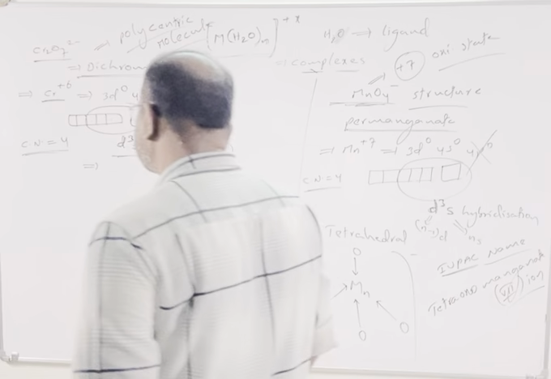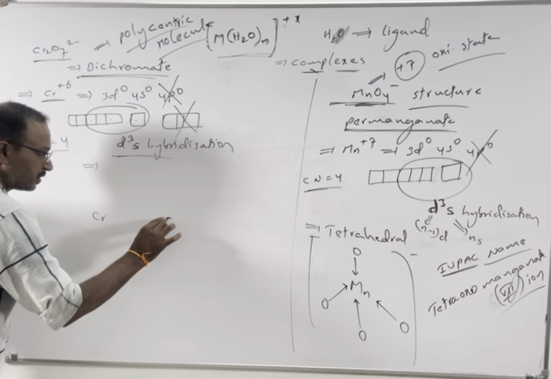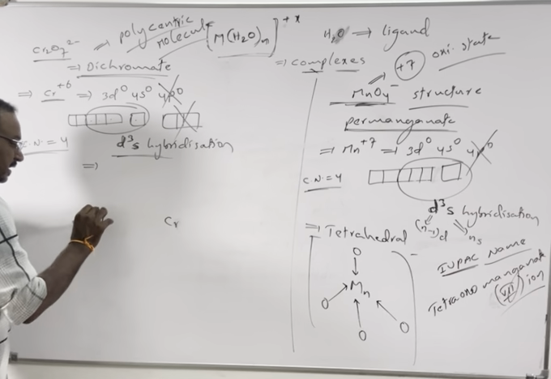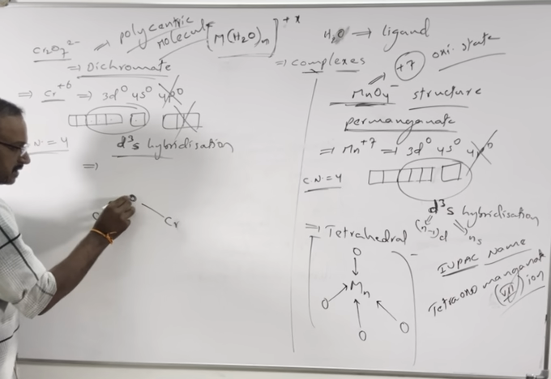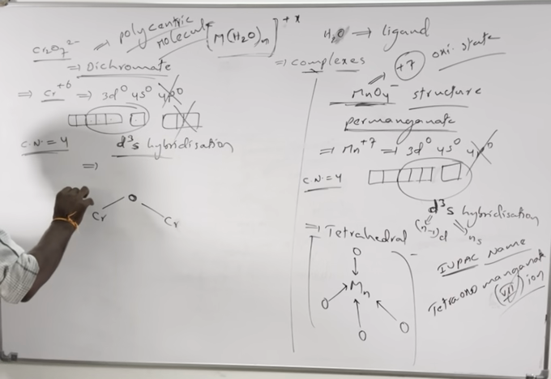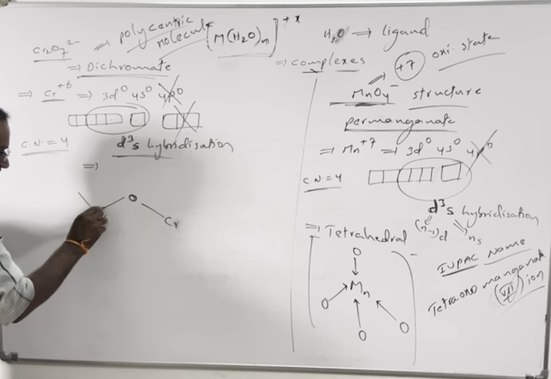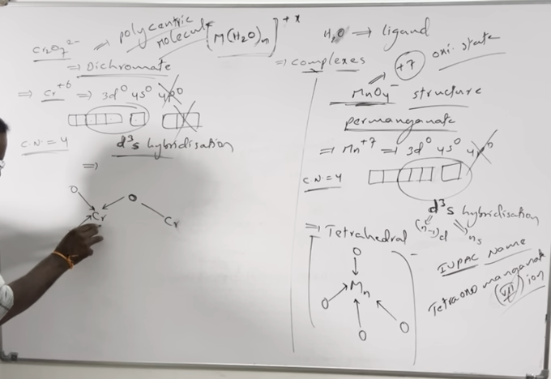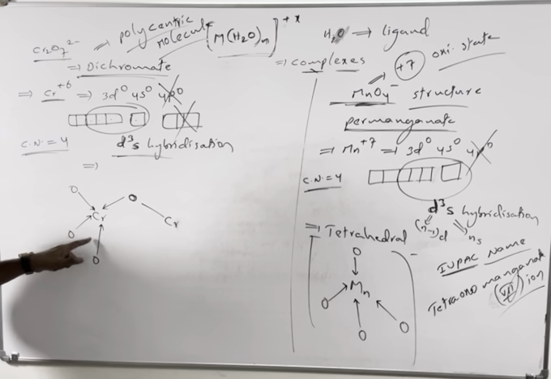That's why the shape of this one will be like this: here one chromium and here one chromium, and these two are linked by one bridged oxygen. This is the bridged oxygen. Then here it is giving one electron pair to this, and here oxygen gives an electron pair, like this, four oxygens giving four pairs to this chromium.